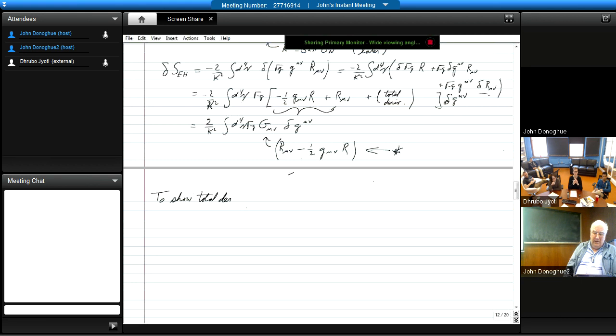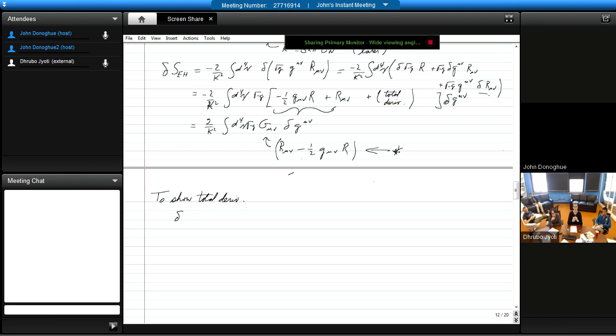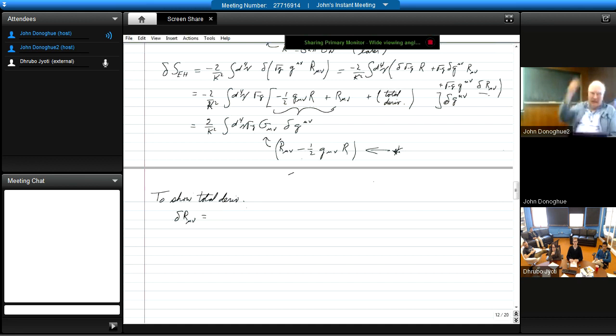So here's how it goes. If you take delta R_{mu nu}, R_{mu nu} is made up of the derivative d_lambda of gamma^lambda_{mu nu} plus gamma^lambda_{rho lambda} gamma^rho_{mu nu} minus a term with lambda exchanged to mu.